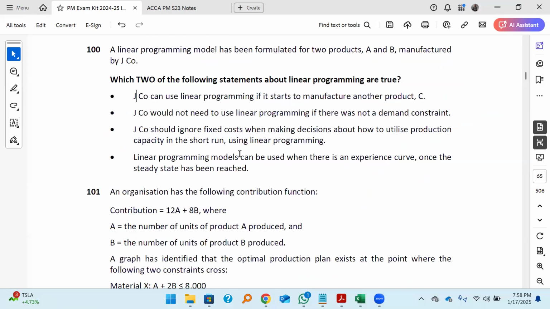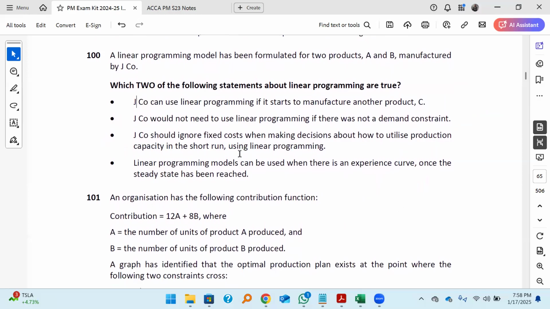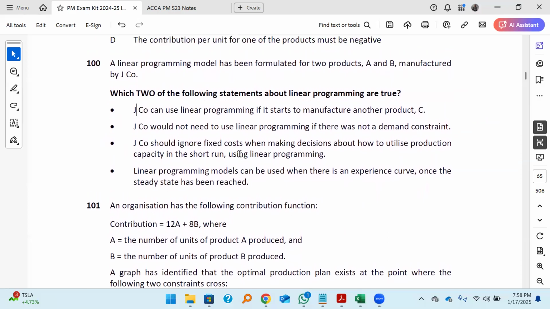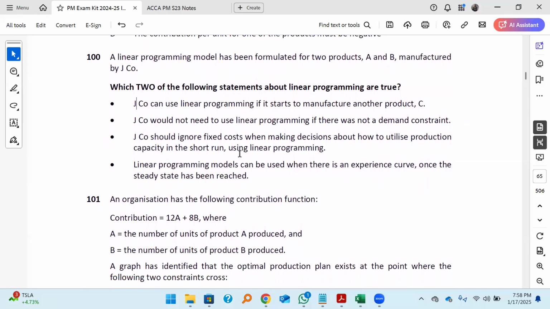If we move on to the next question, a linear programming model has been formulated for two products A and B. What you have to remember, maybe I'm not saying it as often as I should, is that linear programming is not going to be asked of you in section C as a calculation, but they can ask you to discuss basically what it means, how it is done, the steps.